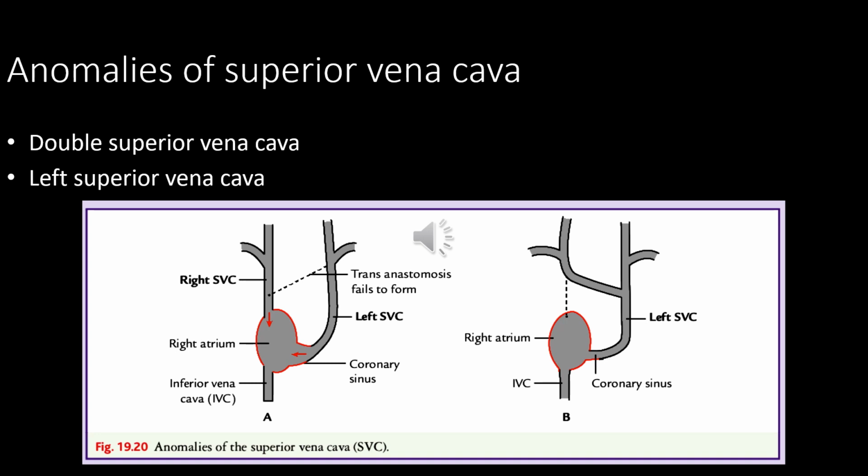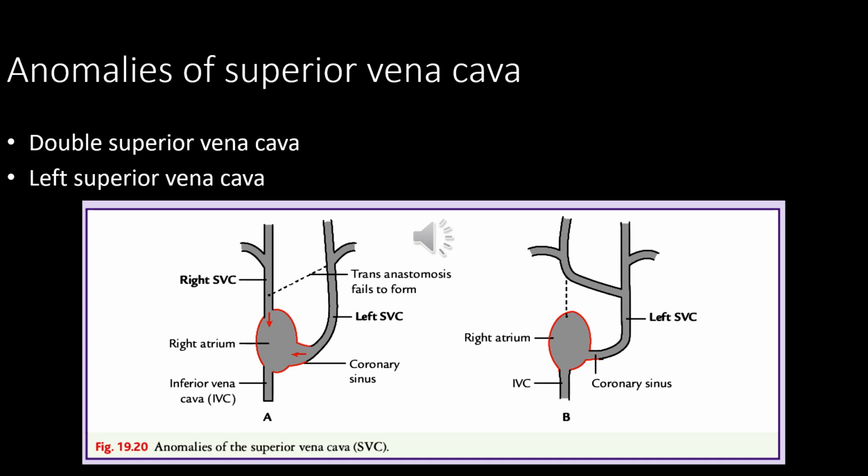So these are the congenital anomalies of the superior vena cava: the disappearance of the oblique channel gives a double superior vena cava, and there may be only a left superior vena cava. That's because the right anterior cardinal vein disappears and the oblique communication now will join the left.